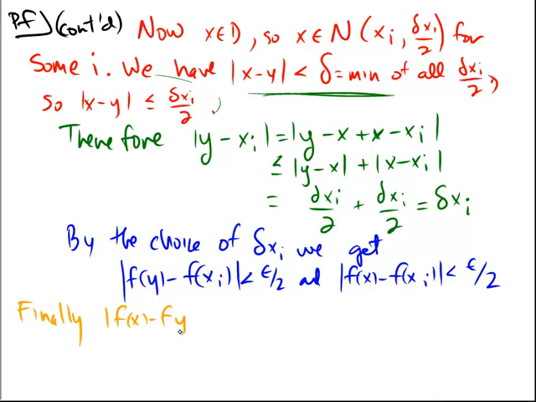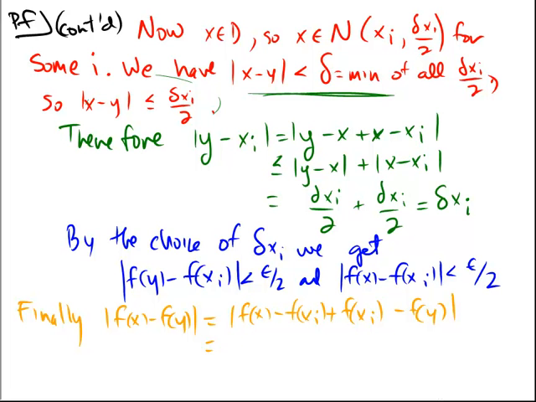|f of x minus f of y|. Get ready for another triangle inequality here. |f of x minus f of xi plus f of xi minus f of y|. This is the triangle inequality that was pictured in that initial red line that we drew at the beginning of the claim.